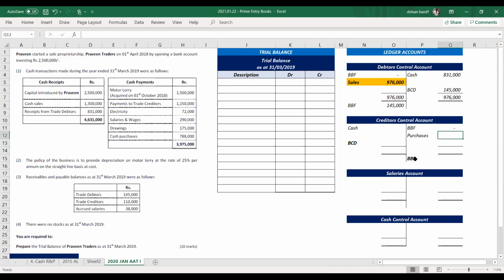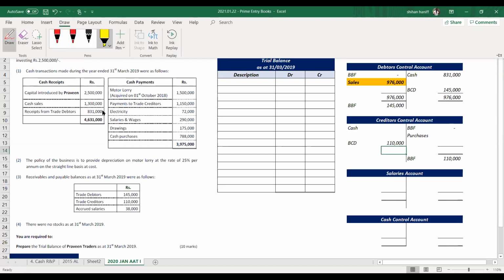Then we will do creditors. Closing balance is 110,000. Cash is given in the cash control, cash receipt 831.